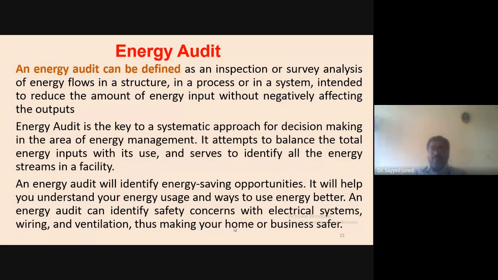It will help you understand your energy use and ways to use energy better in your structural area. An energy audit can also define safety concerns with the electrical system. It means making your wiring or ventilation better, or making your home or business safer in higher education.